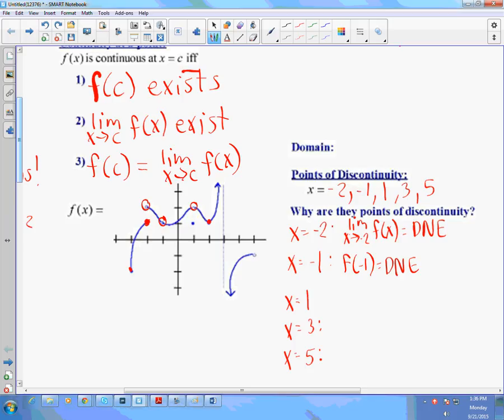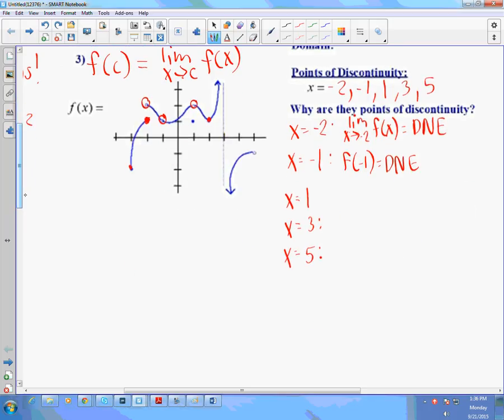Yeah, we're approaching the height of 2, right? 1 comma 2. But is f of c the same value as the limit? No. So in this case, 1 does not equal 2. So we would say it fails because f of 1 doesn't equal the limit as x approaches 1 of f of x. They're not equal to each other.